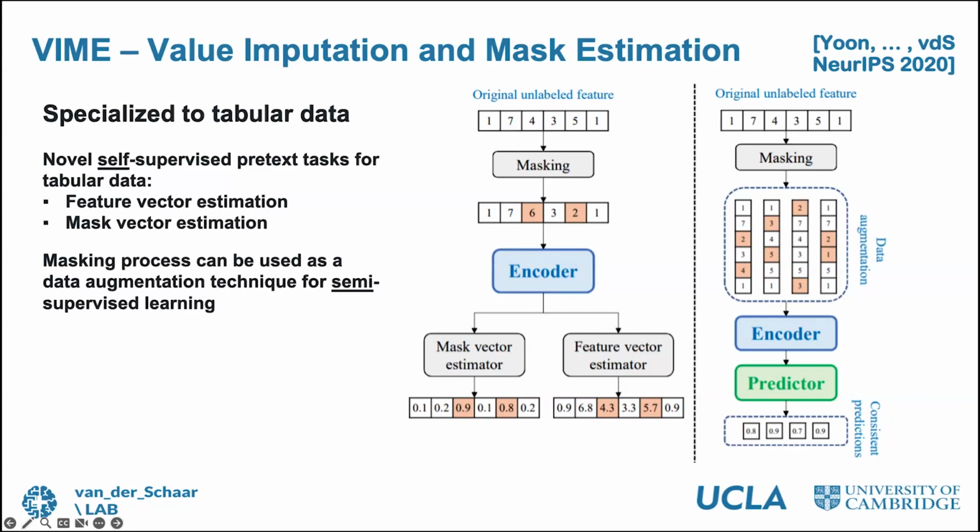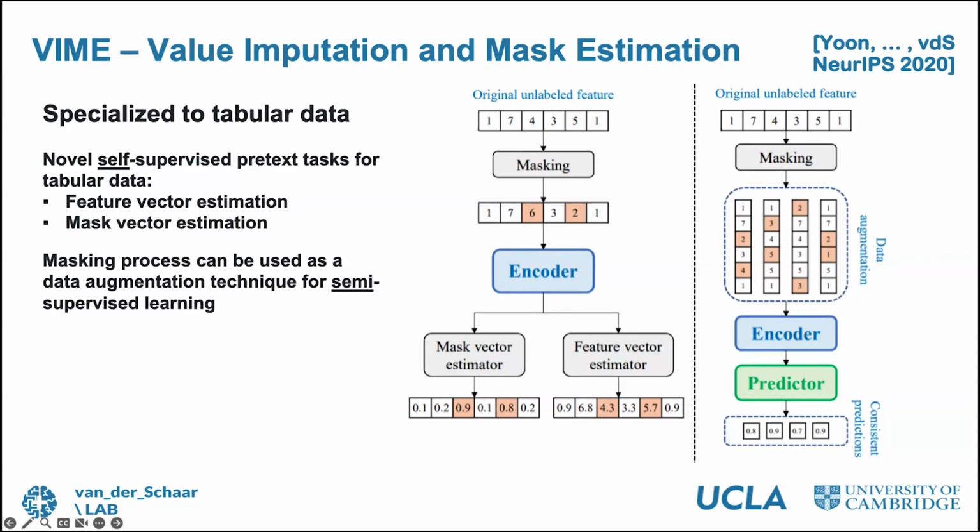So to very briefly explain how VIME does this, I'd just like to consider the left-hand side of this figure on the slide. So we first take an unlabeled sample, and then we can corrupt this sample by masking out some of the entries at random and replacing them with other values that this variable could take, but that might not make sense in the context of the other values for that sample.